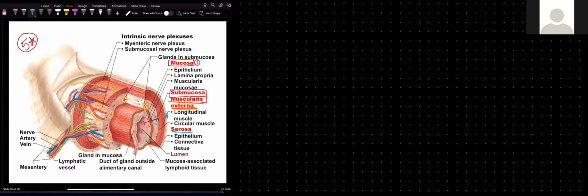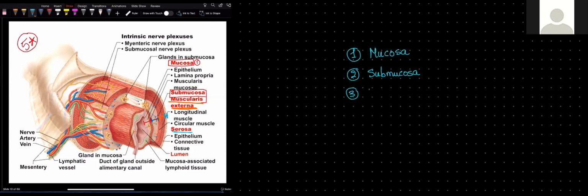So again, we have 4 main layers building up any part of the gastrointestinal tract tube. First one is going to be on the inside. This is my mucosa. Underneath the mucosa, we've got the submucosa. To the outside of the submucosa, we've got the muscle layer, which is formed of smooth muscles.